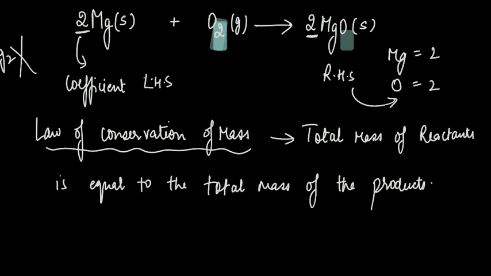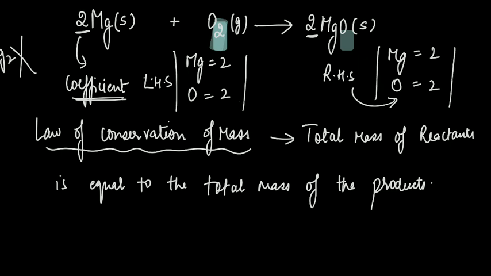So we have to add a suitable coefficient so that we can equalize the number of atoms on both sides. If we count now, magnesium has 2 atoms on the left hand side, oxygen has 2 atoms on the left hand side, and the right hand side has the same numbers. So it's a perfectly balanced equation.